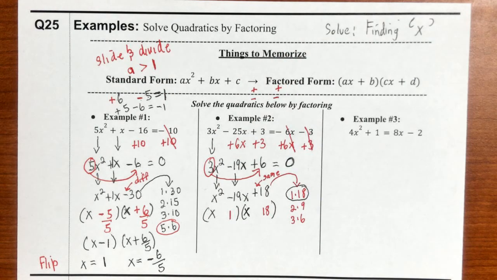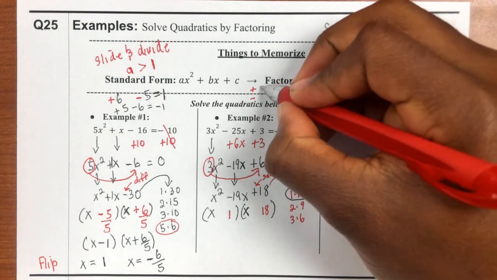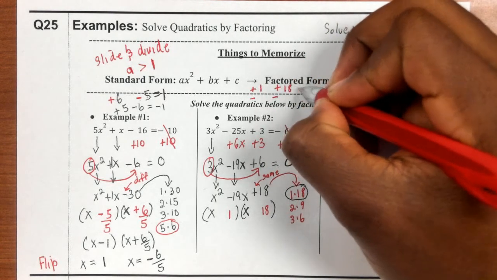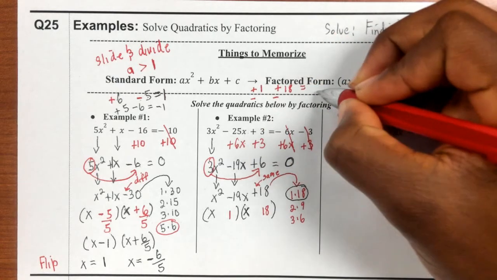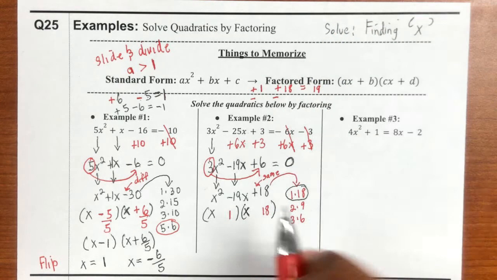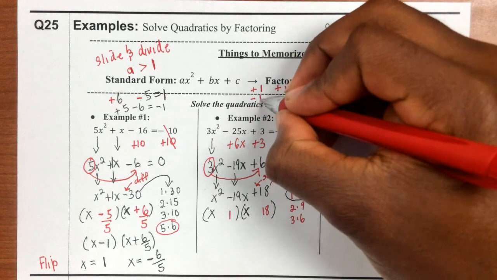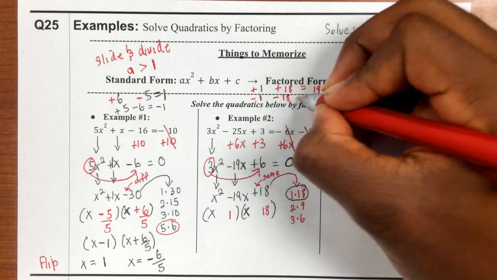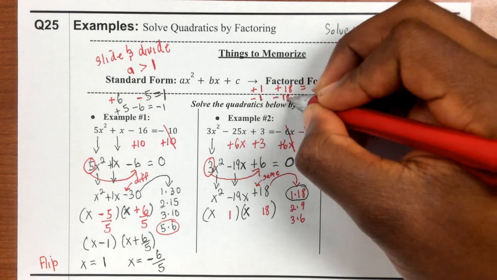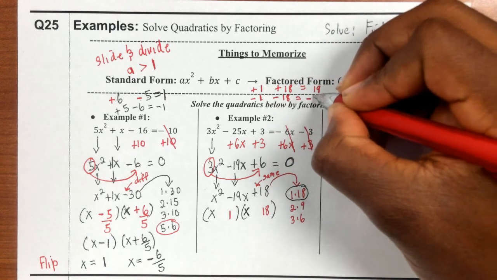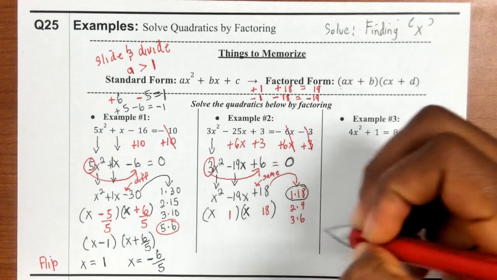So let's see which one it would be. If we had 2 positives, a +1 and a +18, +1 plus 18 is +19. But did we want a +19? No, we wanted a -19. So that means we need to have a -1 and a -18, because -1 minus 18 is -19, which is what we want.